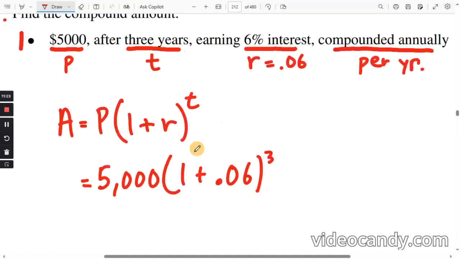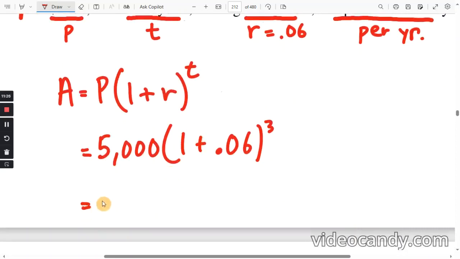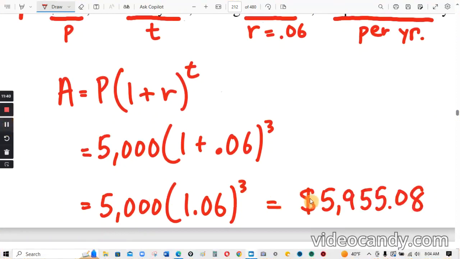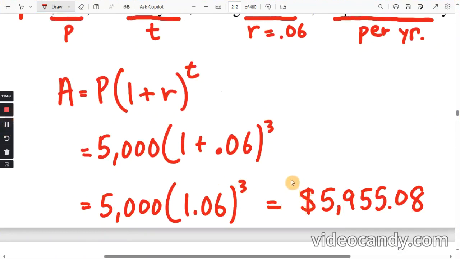You can enter it in a calculator like that, or you can clean it up a little bit: 1 plus 0.06 to the 3rd power. The units are dollars, and I get 5,955.08. I did not have to round in this case, but normally when dealing with money, you round off to the nearest hundredth, or 2 decimals.